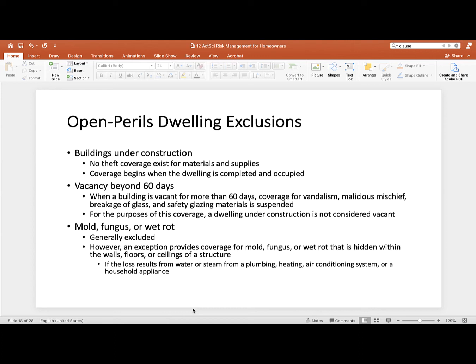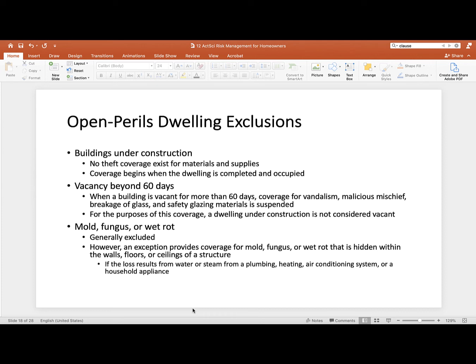If you leave your property empty for over 60 days, that's going to be a problem, especially if there's any vandalism, broken windows, and stuff like that. For the purposes of this coverage, for the vacancy beyond 60 days, a dwelling under construction is not considered vacant.